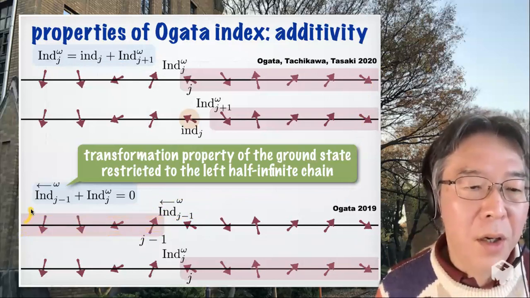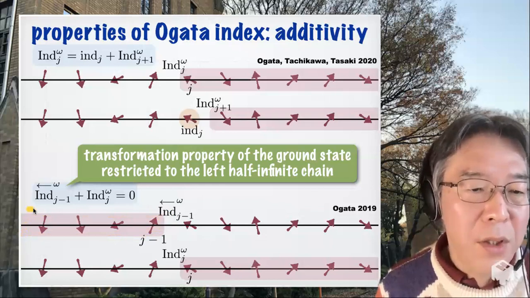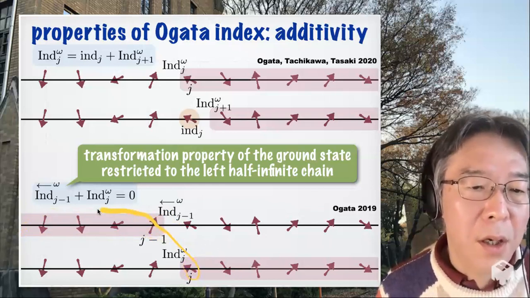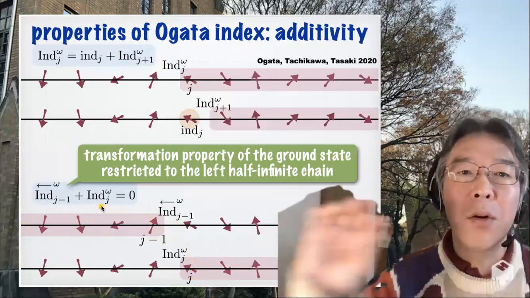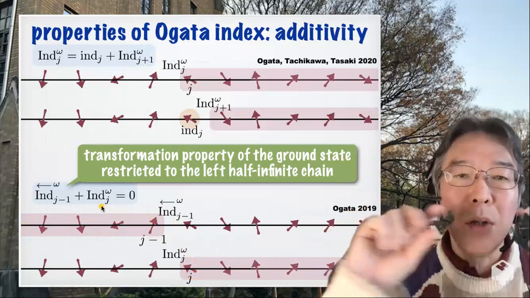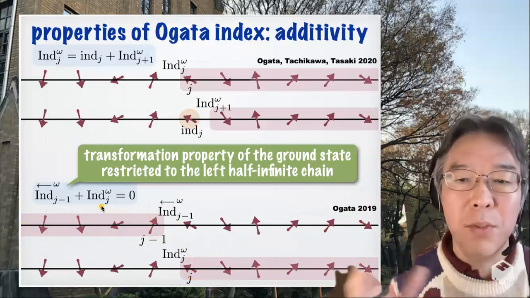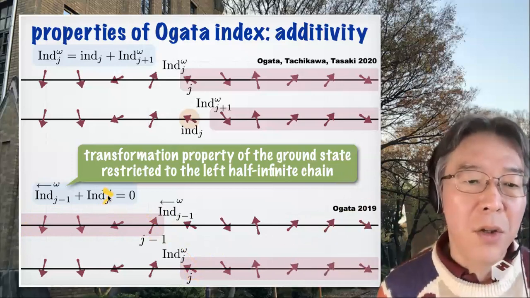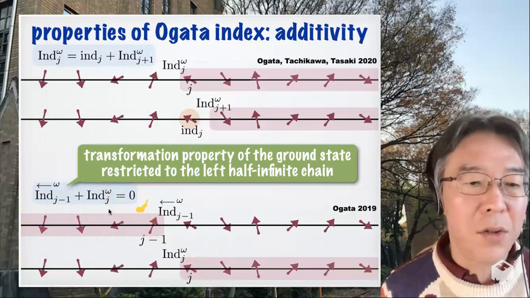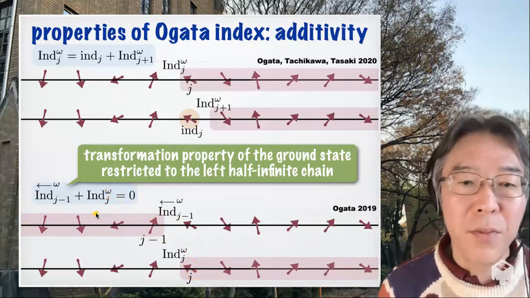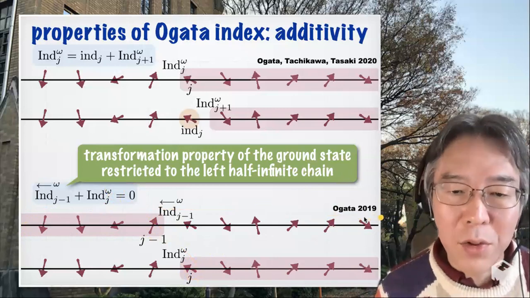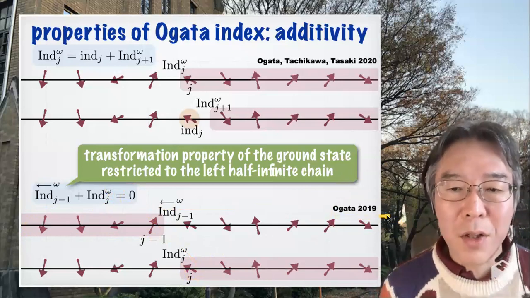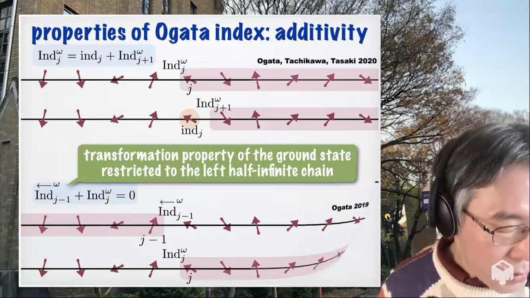And then you're convinced that the sum of this one and this one describes the transformation property of the whole ground state. But since the whole ground state is assumed to be invariant under G, you should get nothing. Okay, so this is again very natural, an identity which is, of course, proved by Yoshiko Ogata. Everything is proved by Yoshiko.